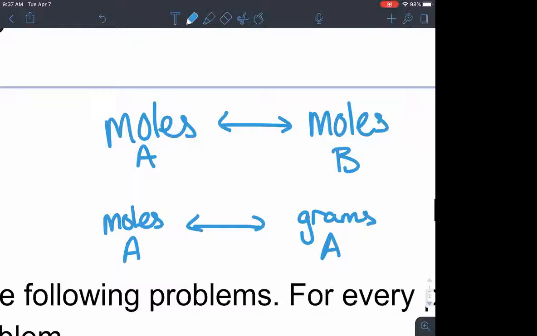Do you guys remember how we go from moles to moles, or from moles to grams? Do you remember what those are called? Does anybody have a guess?